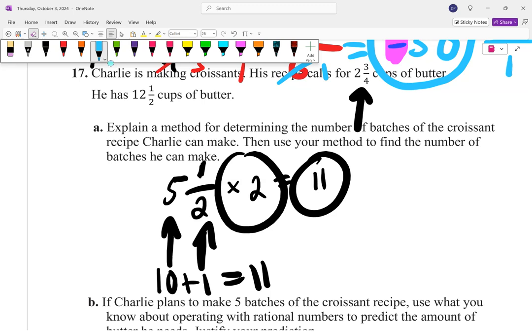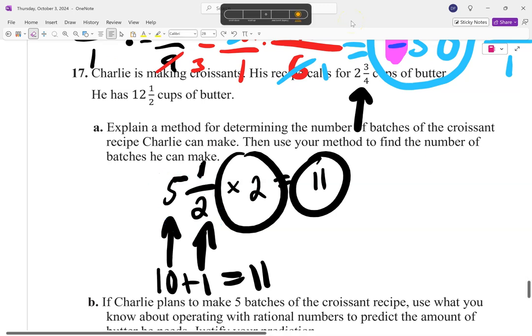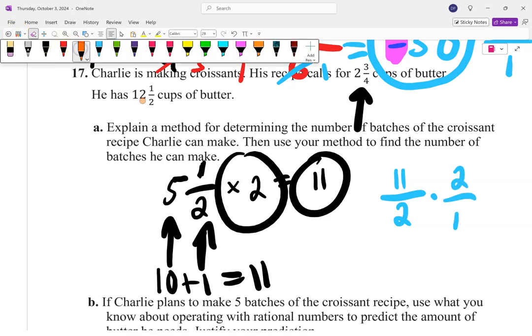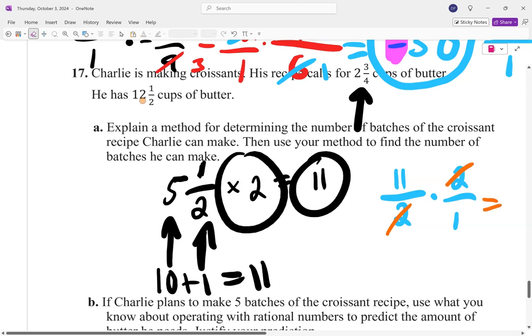We're going to turn this into improper, even though I didn't, but you can if you want. 5 times 2 here is 10 plus 1. 11 halves times 2. Oh, here you could just reduce. 11 over 1.